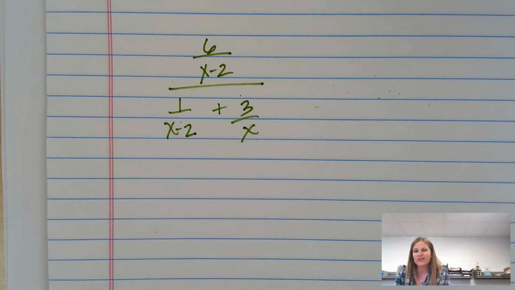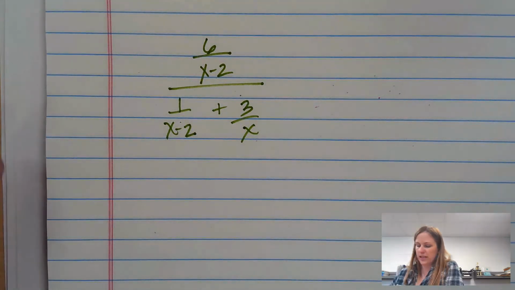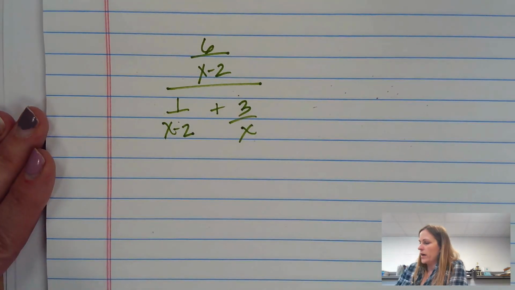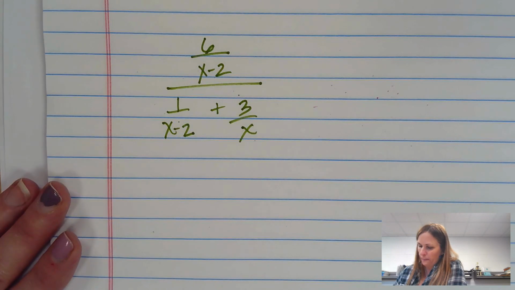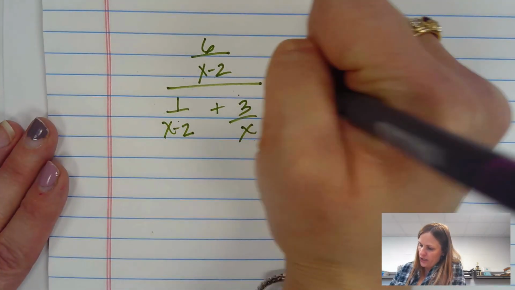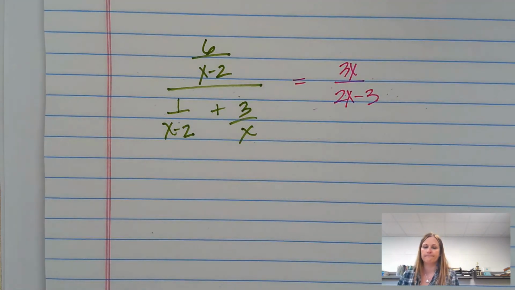Again, you can pause the video now if you want to try this on your own, and then turn me back on when you want to check the answer. All right, so I got the answer for this one to be 3x over 2x minus 3.